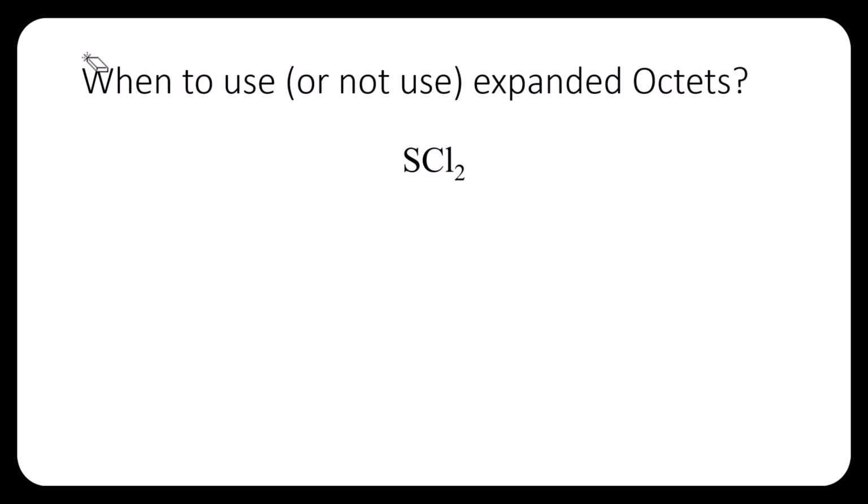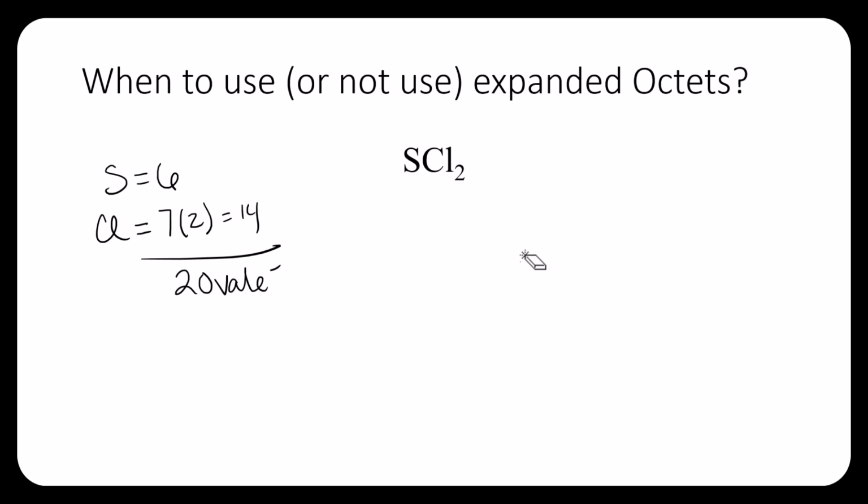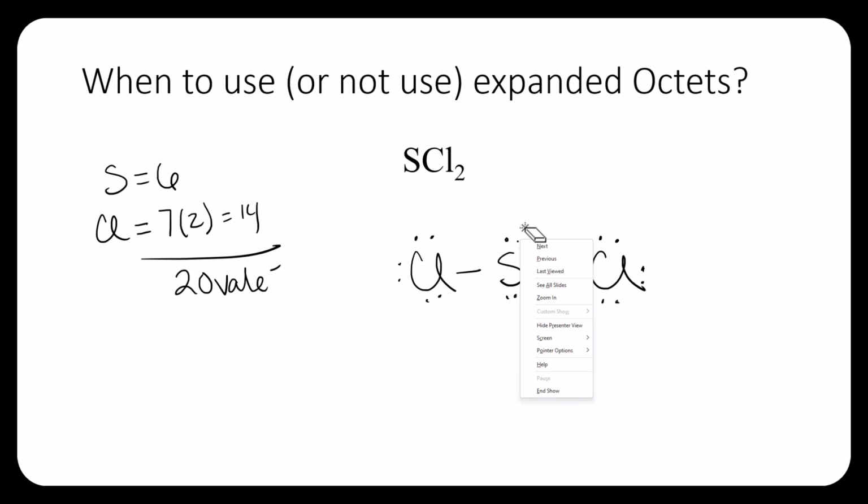So let's take a look at this one. Again, not intuitive. We've got 2 chlorines and 1 sulfur. Sulfur has 6 valence, chlorine has 7, and there are 2 of them, so 14 plus 6, that's 20 valence. So sulfur, chlorine, and chlorine. We start with single bonds, 2, 4, 5, 6, 7, and so on up to 20.